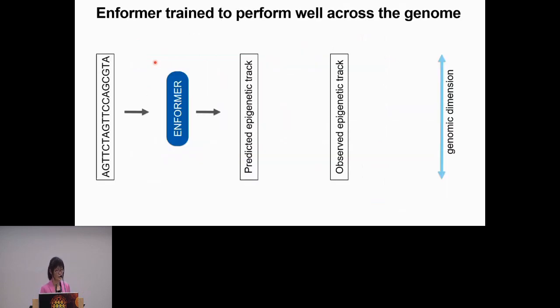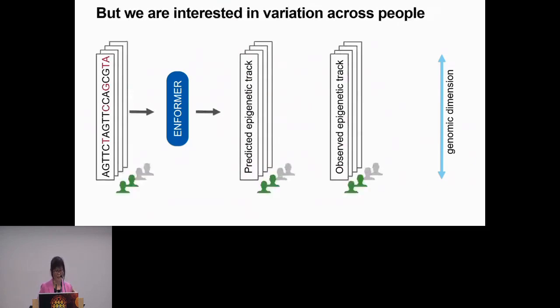So what is Enformer doing? Enformer is trained to perform well across the genome, right? It's trying to minimize across the genome the mean square error between the predicted epigenetic tracks and the observed epigenetic tracks, or maximize the correlation. So it's working in the genomic dimension, which is not really what I am interested in.